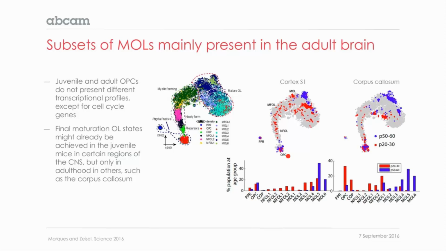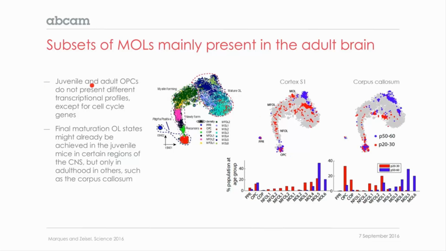This correlates with data in the literature, for instance from Bill Richardson's lab, which indicates that the cell cycle time of OPCs in juvenile mice is faster than in cells in the adult mice.